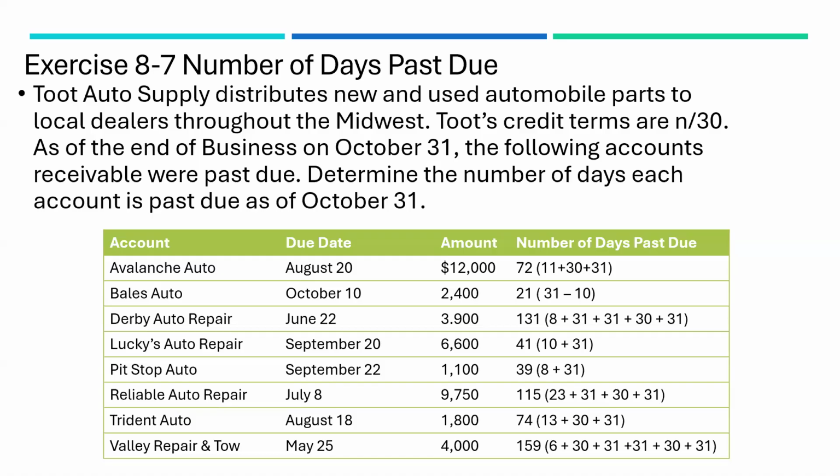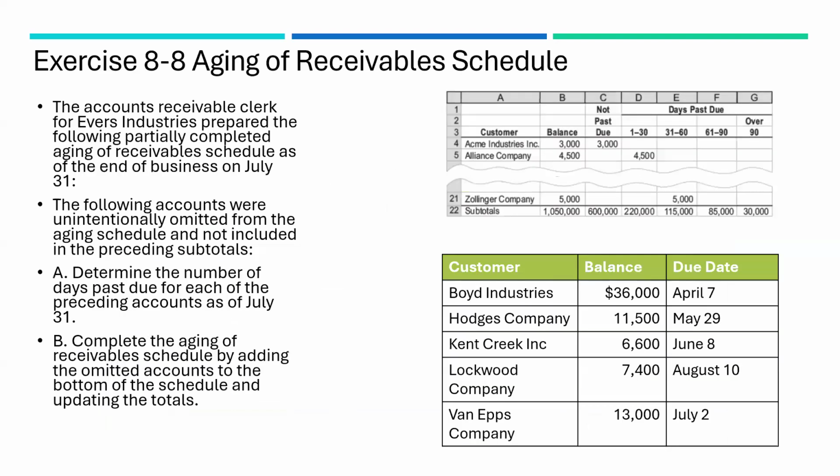Because if the terms were net 30 and the invoice isn't due yet, we have on our schedule here a not past due column. So for this business, if it's within that net 30 period, it would be in the not past due bucket. And then 1 to 30 days, 31 to 60 days, 61 to 90 days, and over 90 days.